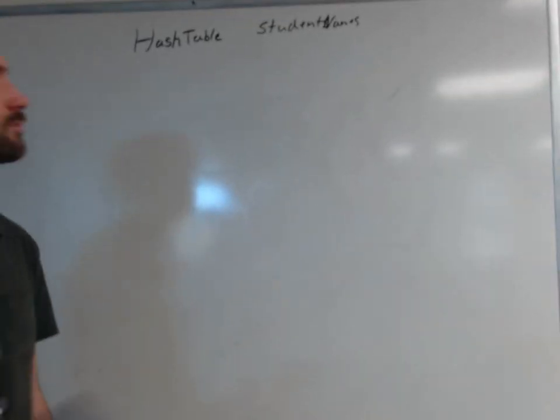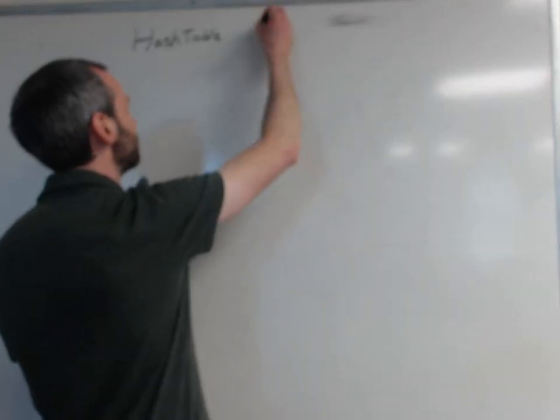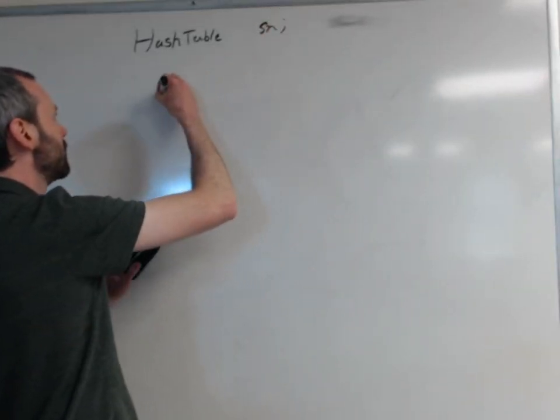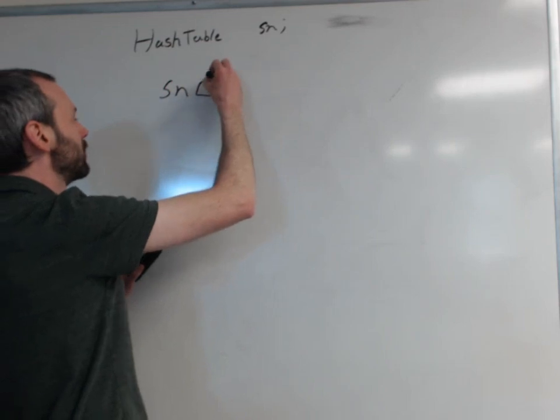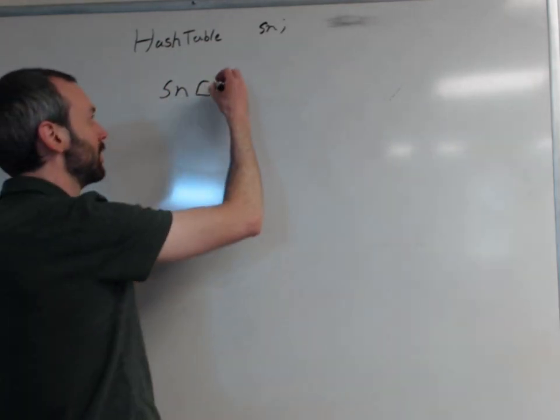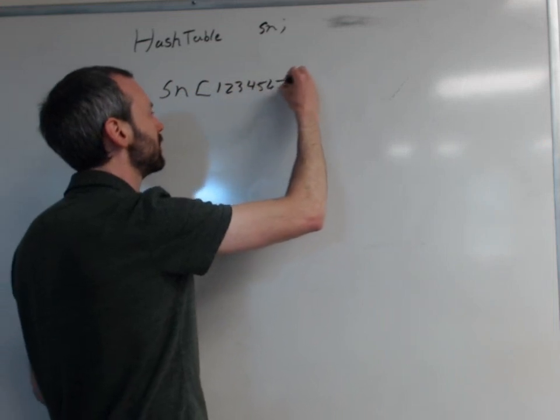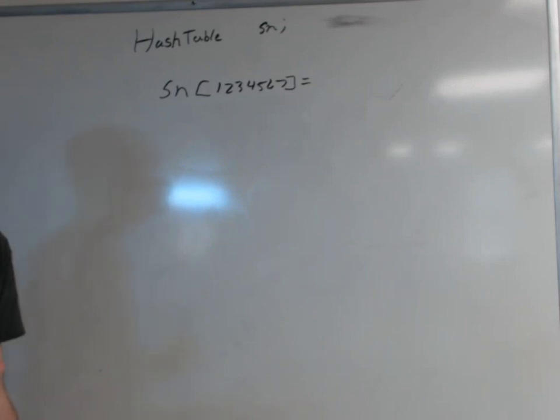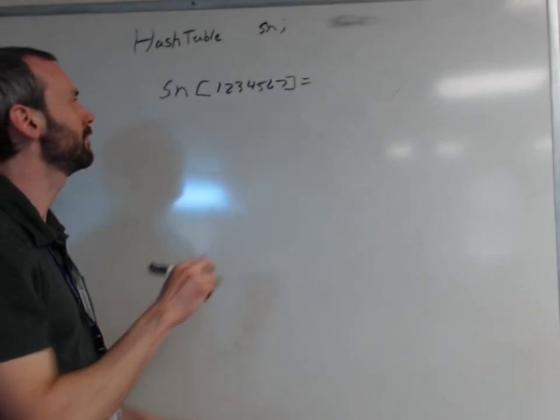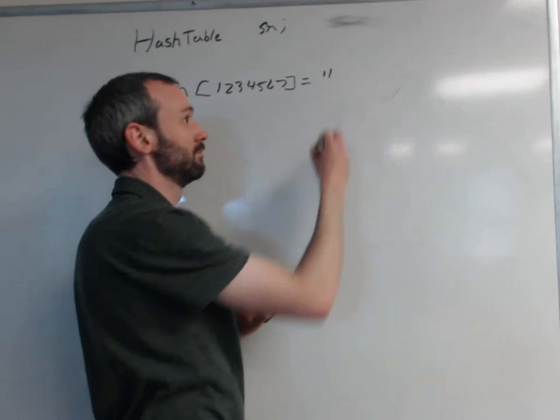And wow, that's way too many letters. We'll call it SN. So you can do SN. We'll go ahead and put maybe their ID, which is 1, 2, 3, 4, 5, 6, 7. And this time we're mapping an ID to a string. So you're asking for the name. What do you want this person's name to be?